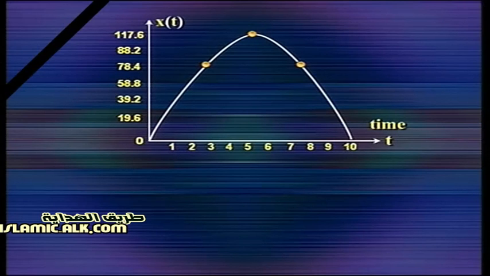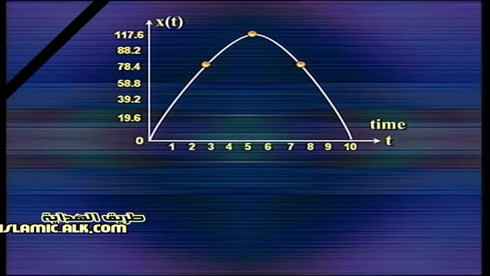At t equals 2 and t equals 8, x(t), the distance, is 78.4.